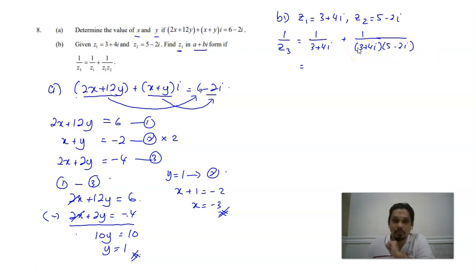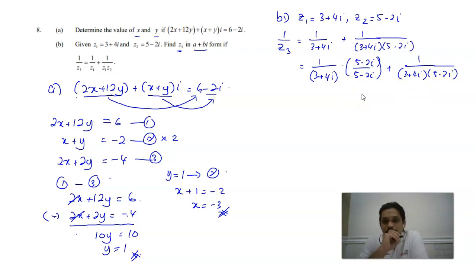Method number 2, I straightly come up with 3 plus 4i multiplied with 5 minus 2i divided by 5 minus 2i, plus with 1 over 3 plus 4i and 5 minus 2i.